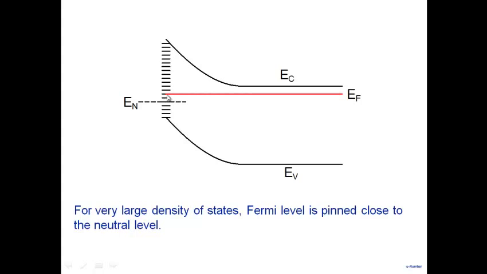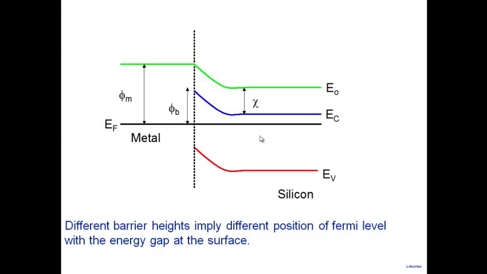As I said, any movement of EF away from En would imply a lot of charge which cannot be compensated from the bulk. So the Fermi energy is pinned close to En. That's something which is happening because of the large number of surface states. But then, remember what I said? If you want your normal theory to be valid, what does it require? Different barrier heights.